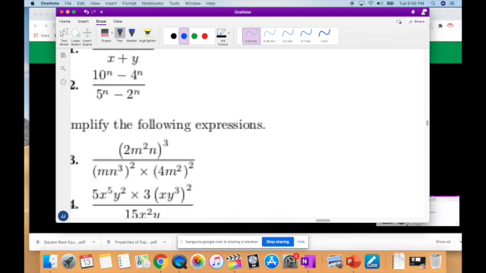But what you're noticing here, you noticing anything? I mean, at the end of the day, 10 is a multiple of 5, and 4 is a multiple of 2. Yes, sir.